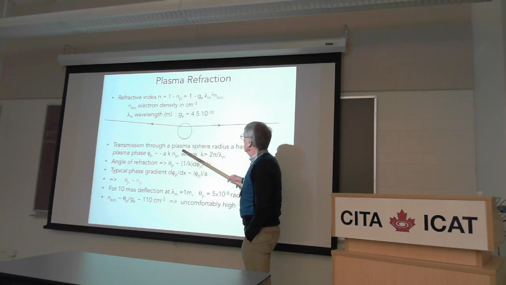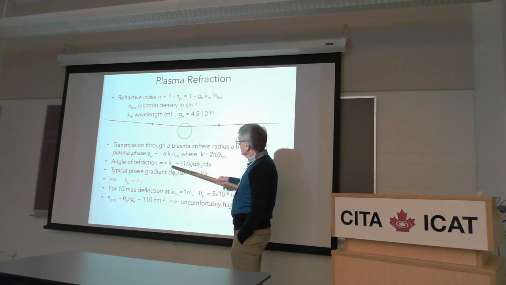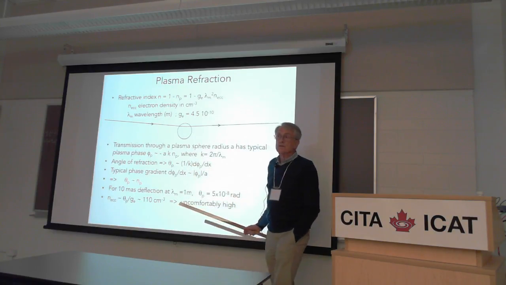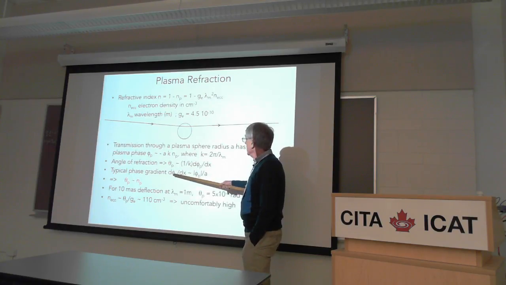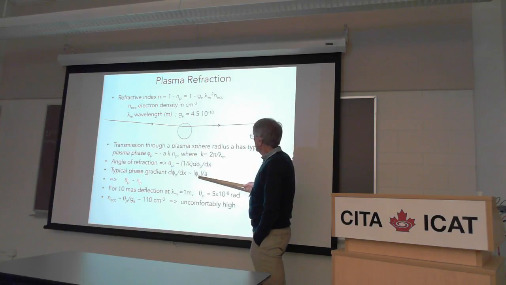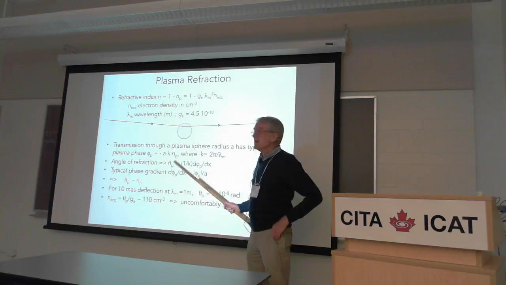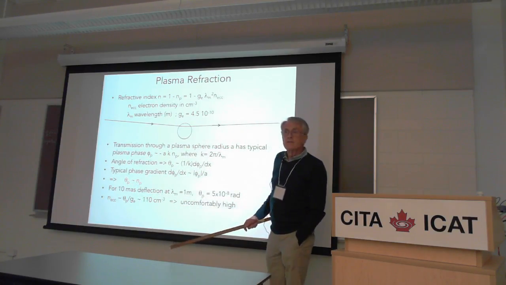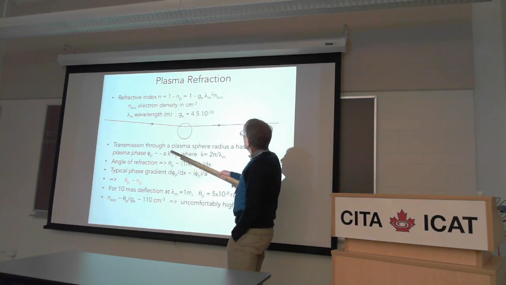That's the phase change. The angle of refraction typically would be then given by the phase gradient. So if you put those two things together and you make the very crude assumption that the phase gradient is roughly the phase deviation divided by a, that's the size of the structure, that gives you that the angle of deviation equals the refractive index deviation. This is pretty small.